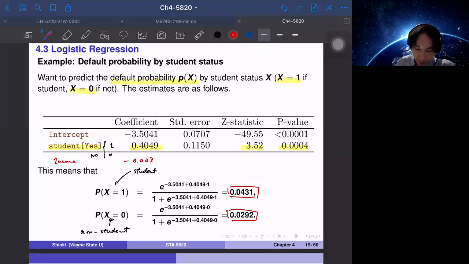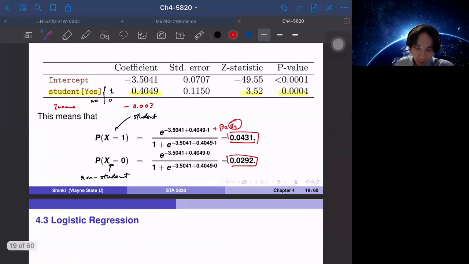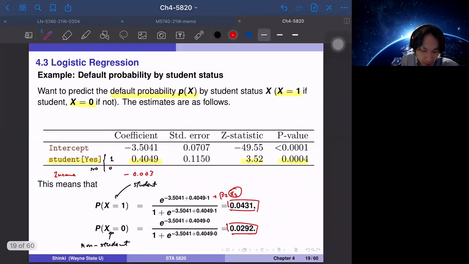If we have beta 2 times x2, then we have to set some standard value for x2, so we cannot simply say the student has a default probability of 4.3%. We have to set a standard scenario for the student's income. But anyway, the indicator variable, the dummy variable, can be introduced for a qualitative variable like student.